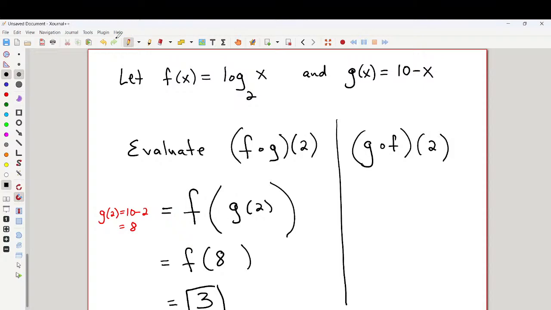Will we get the same answer if we switch the order? Well, we'll find out. G is now the outside function. And f is the inside function. So we go over f.